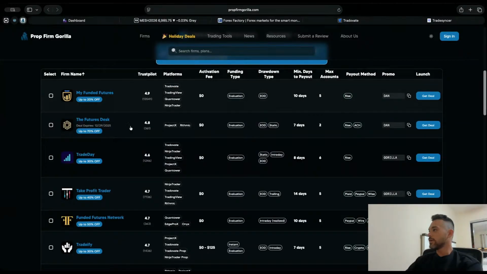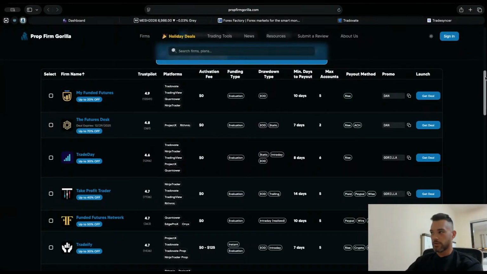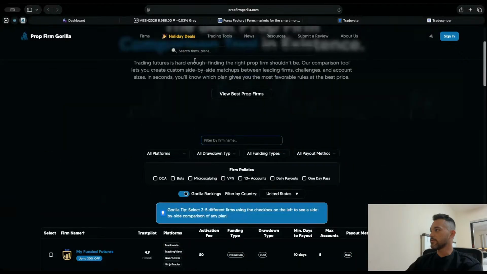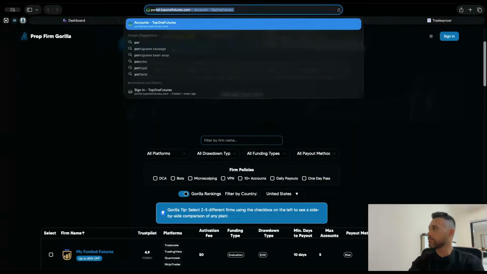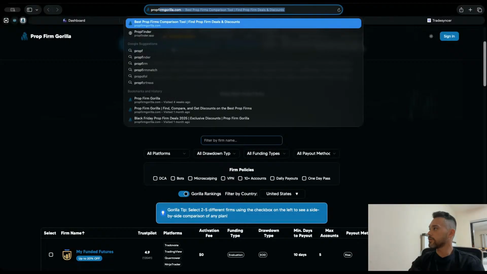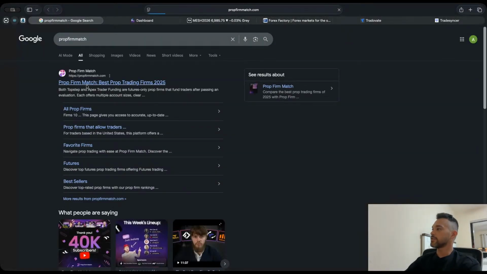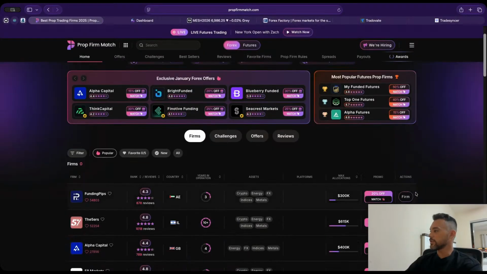Anyways, moving on. While I look for prop firms, I look specifically for those that have Tradovate. You could use Prop Firm Gorilla. Prop Firm Match is another one that you could look up firms with your settings.